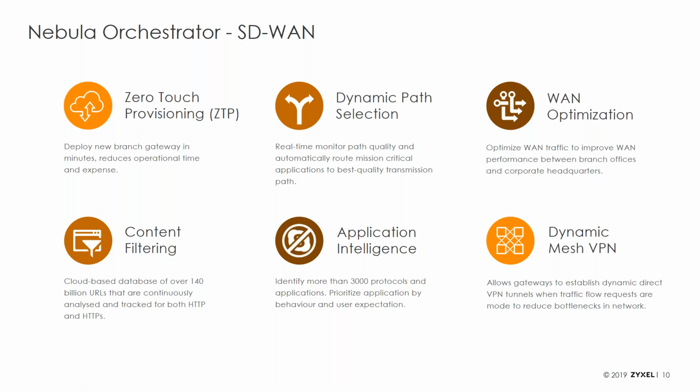So zero-touch provisioning, meaning that the deployment of the gateways and the clients is done as easily as possible. Dynamic path selection is a method to always choose the best possible path of transmission. WAN optimization is optimizing the WAN traffic performance between the sites.